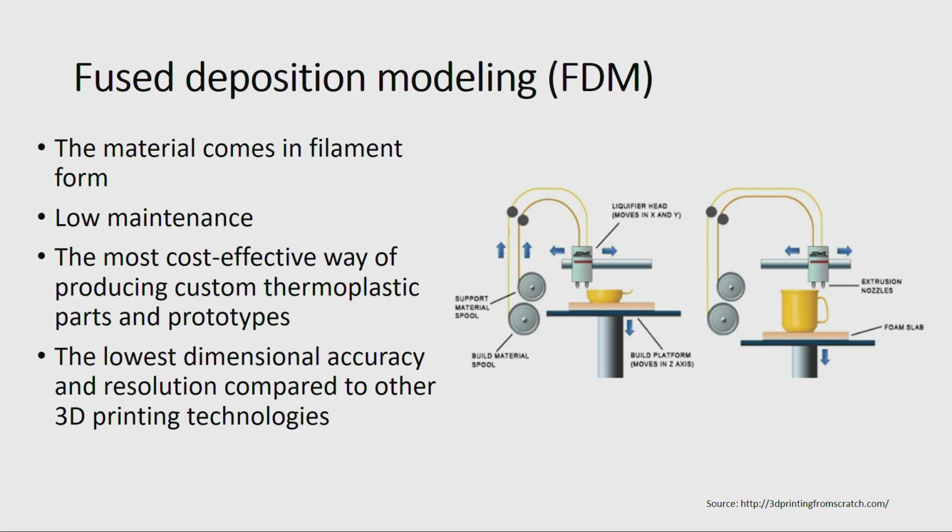It is the most cost efficient way of producing custom thermoplastic parts for prototypes. Of course, that is for low volume. And FDM 3D printing has the lowest dimensional accuracy and resolution compared to other 3D printing technologies.